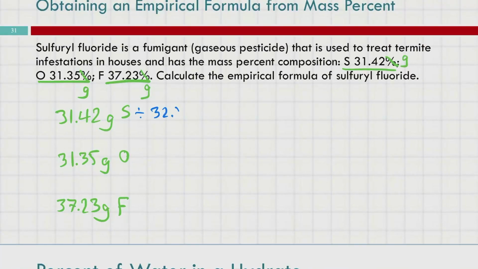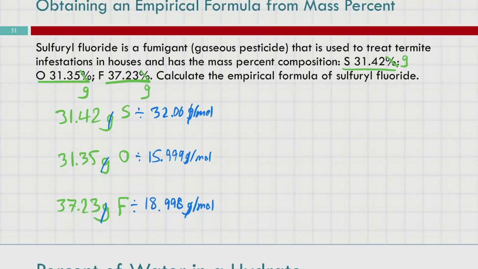Divide by 32.06 grams per mole, about 16 for oxygen, and 18.998 for fluorine.